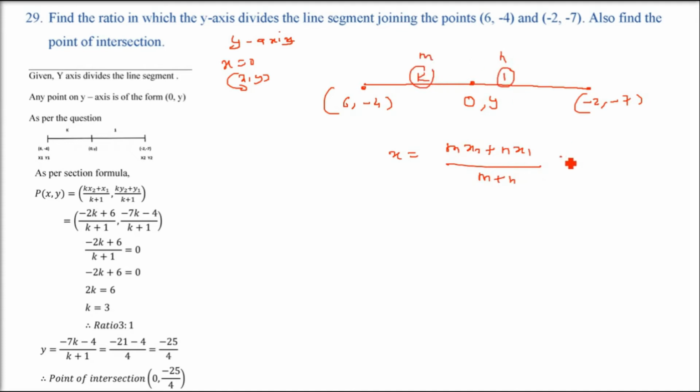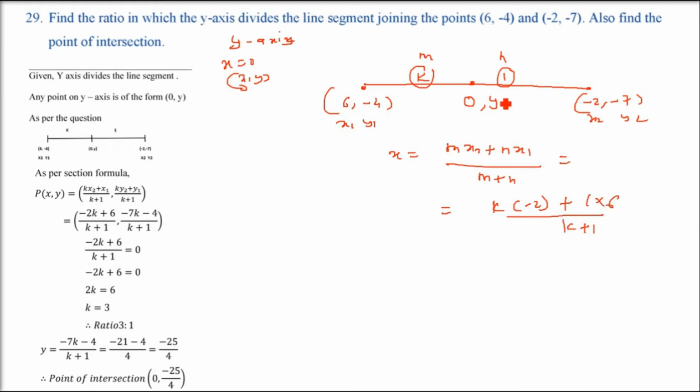This is x1, y1 and this is x2, y2. So to get (mx2 plus nx1) by (m plus n): m is k and x2 is minus 2 and n is 1, x1 is 6. And m plus n is k plus 1.